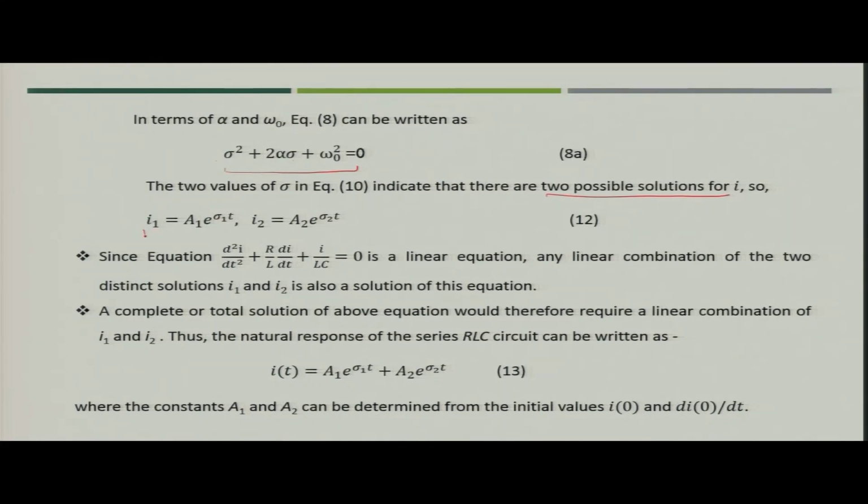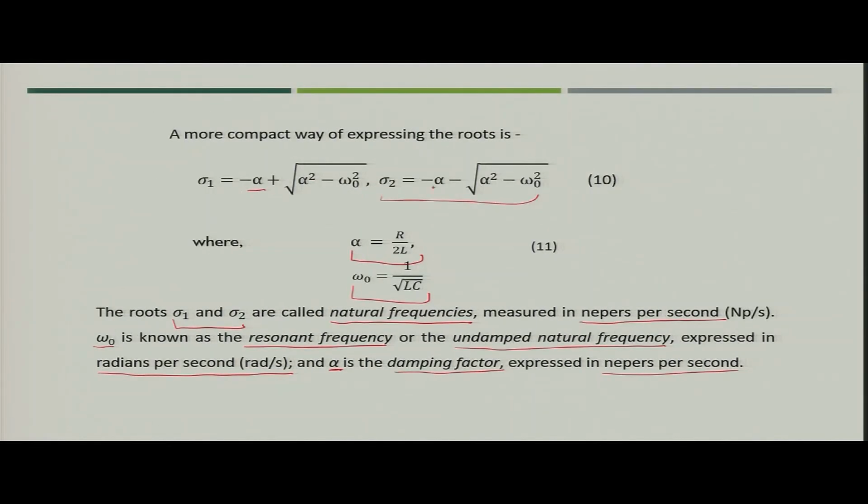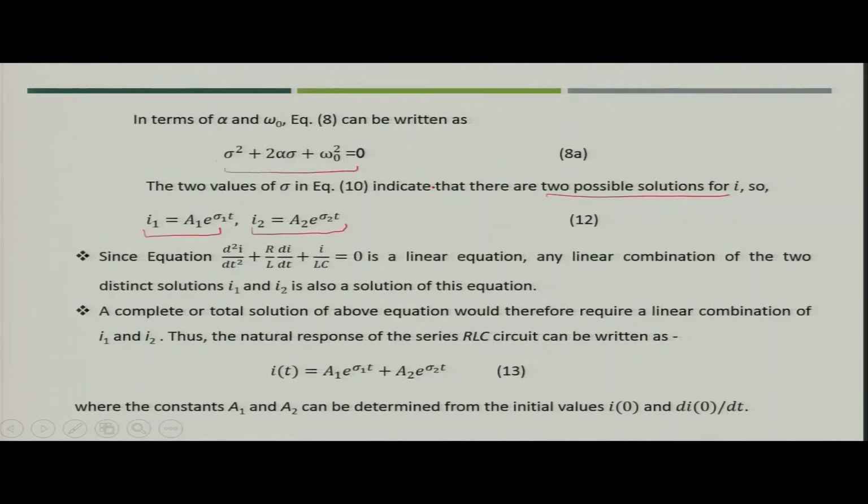So, we can say there would be two solutions: I1 is equal to A1 e to the power sigma 1 t, and I2 is equal to A2 e to the power sigma 2 t, because we have two roots, sigma 1 and sigma 2. So, we will have two solutions for the current, that is I1 and I2. Now, our original equation, d2I by dt2 plus R by L dI by dt plus I upon LC equal to 0, is a linear equation.